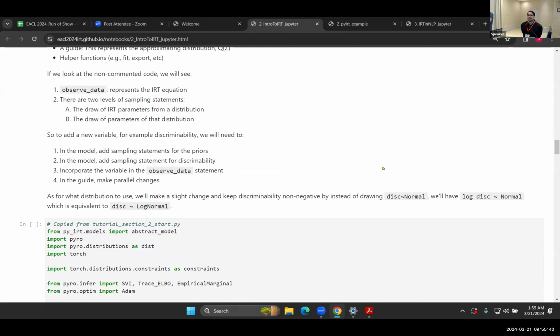So that's one example where you might choose one prior over another. But in general, it's a mix of that intuition and whether the model actually fits or not.